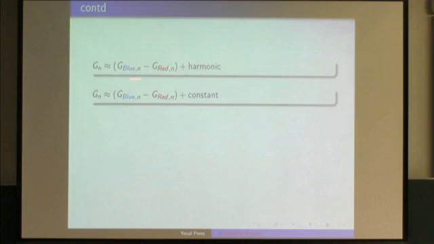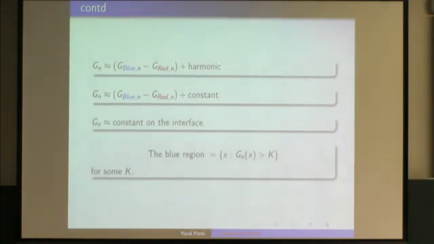This difference is a constant, but if we examine this along the interface, then each of these functions, the blue green function and the red green function, have to vanish on the interface. So what this means is that our stable interface, where we want the harmonic measure to be equal from both sides, must be a level set of the dipole green function, which is something you can heuristically realize in many ways. Then the blue region will just be everywhere where the dipole green function is bigger than some constant.